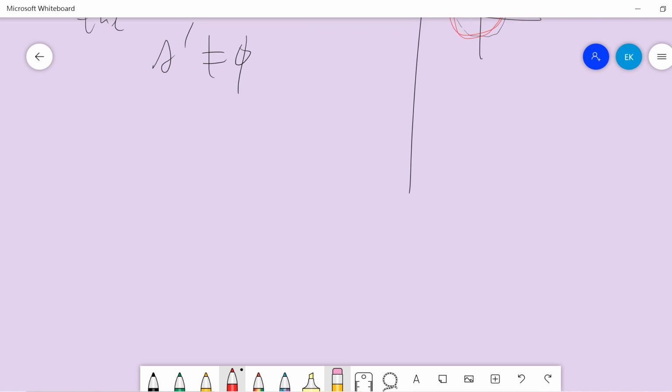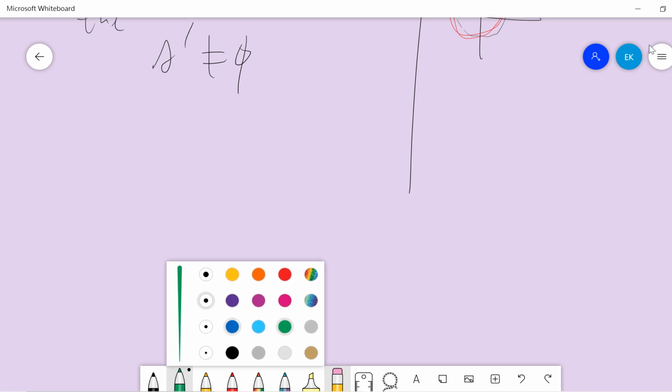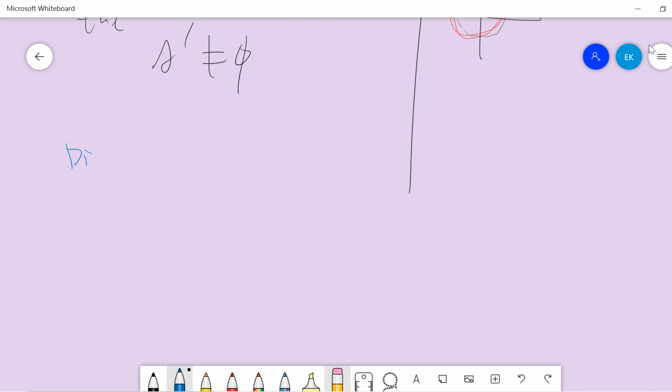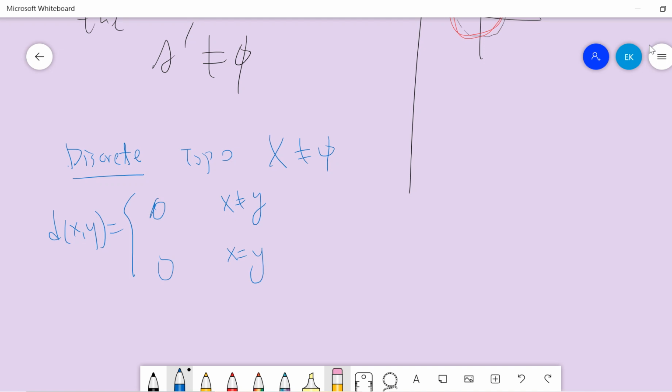So usually the simple counterexample is the discrete topology. Suppose you have X non-empty, I can define a distance: if x is not y, then the distance is 1, and if x equals y, then 0.